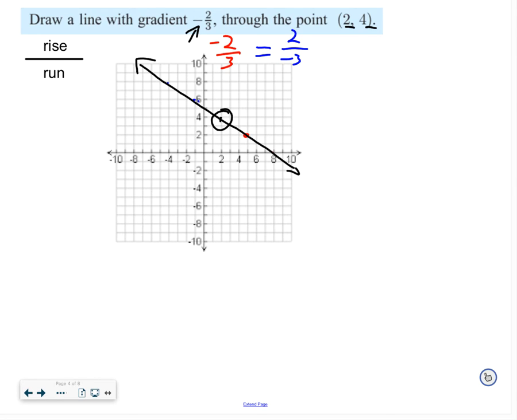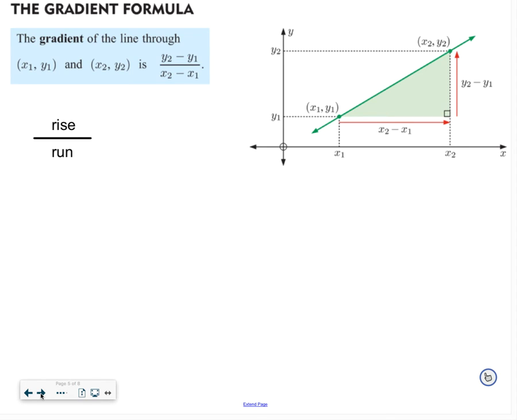Okay, so here, more algebraically, remember that we call our gradient the change in y, or sometimes we call that delta y over delta x, the change in them, rise over run. So we get this formula.